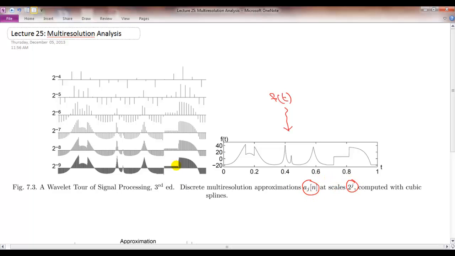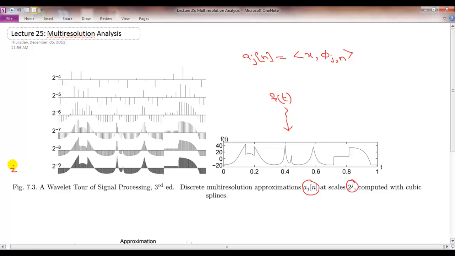Those coefficients are just computed by what we saw earlier. a_jn is simply given by the inner product of x and phi_jn. And they can be computed by simple convolution. So this is the highest scale, and the highest means j is the lowest. Right? So this is the finest scale.